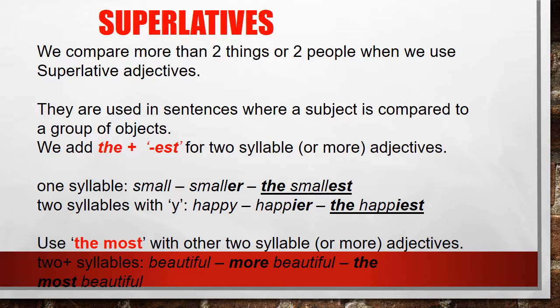For example, small, smaller, the smallest, happy, happier, the happiest. We use "the most" with other two-syllable or more adjectives. Again, if the adjective is long, for comparatives, we add more beautiful than, and for superlatives, we say the most beautiful.